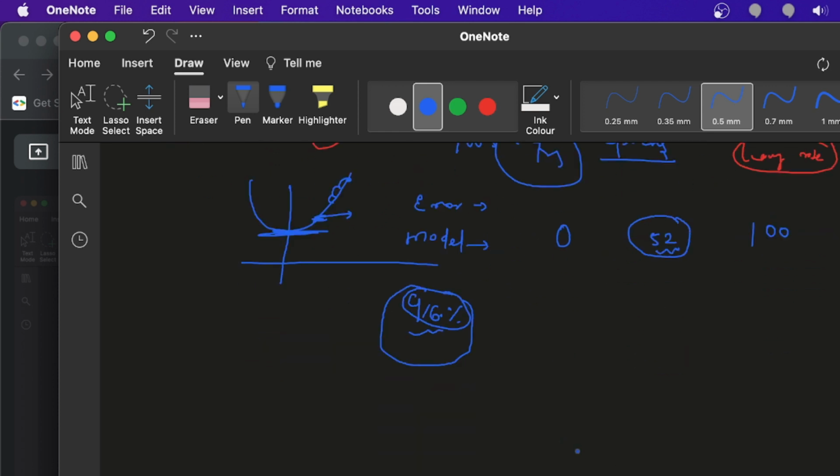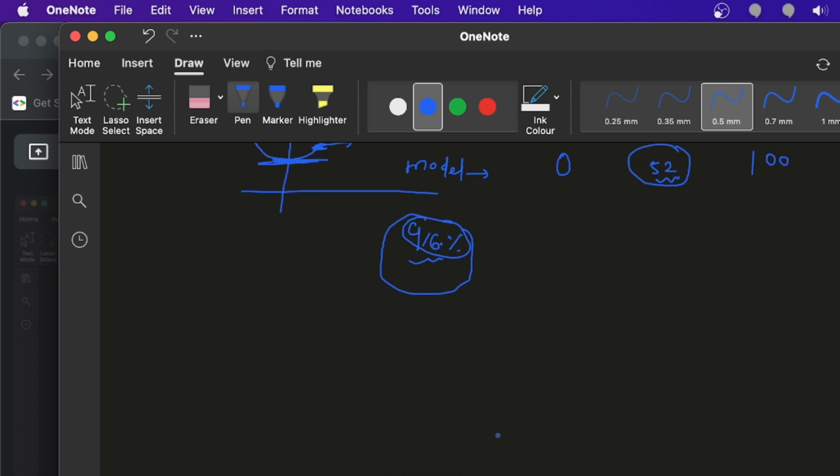When you train your model and you are writing some Python code, you have to decide how many epochs to choose. Sometimes 10 epochs is enough, sometimes 100 epochs is enough, sometimes even 1000 epochs is not enough.